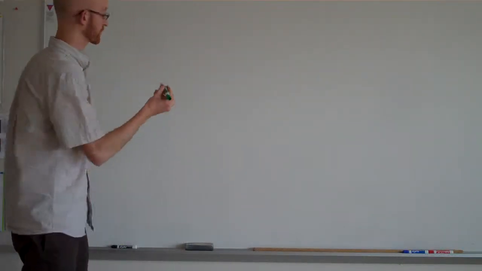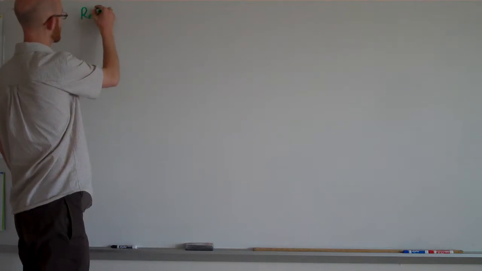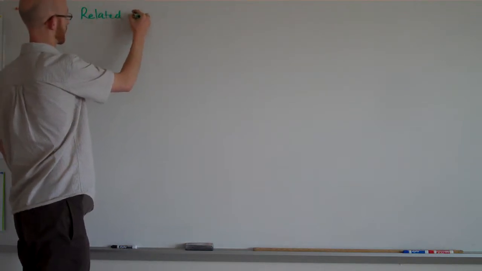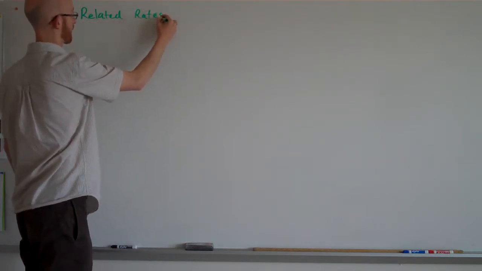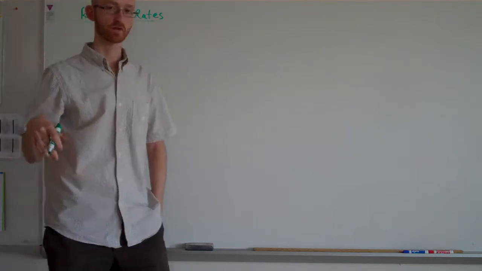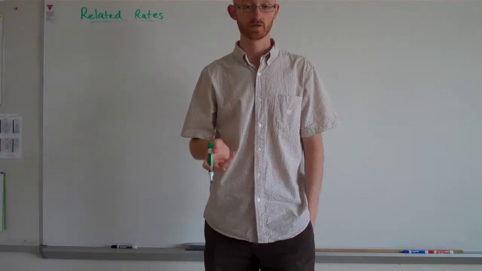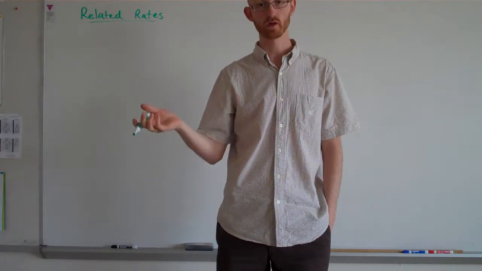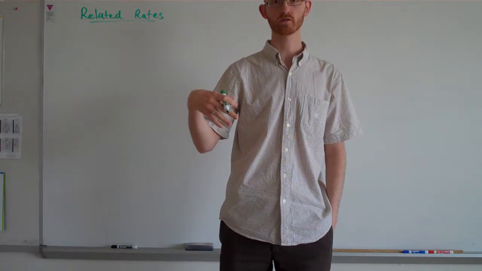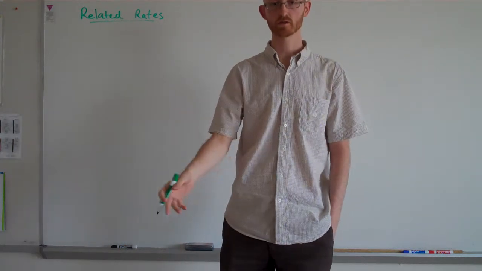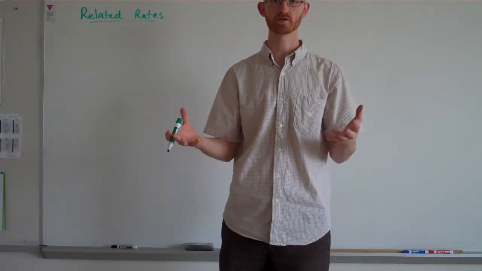Hello, in this lesson we're going to be talking about related rates. So these are things where, obviously, different rates are related to each other, such as the rate at which I'm dumping water into a vessel and the rate at which the height of it is filling up.